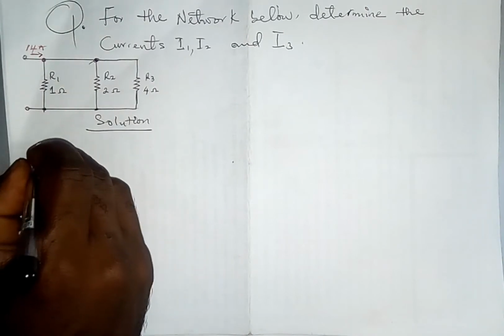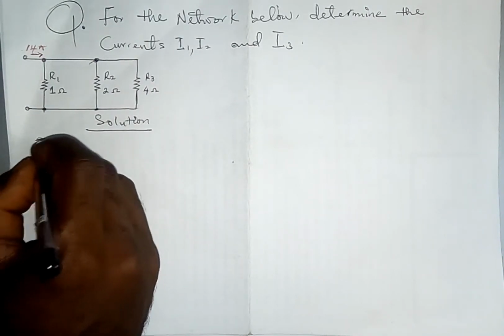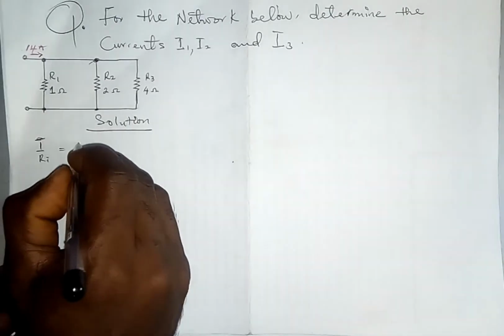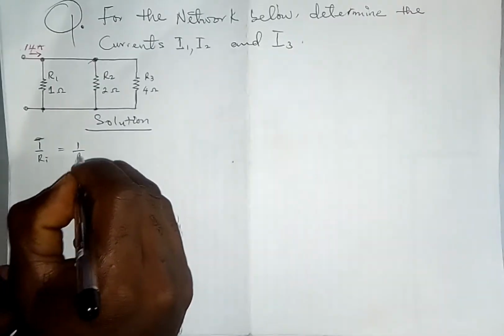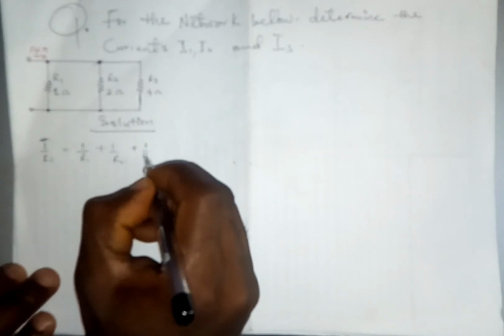So our total resistance, as we know, is 1 over RT. We have more than two resistors here, so we are going to apply 1 over R1 plus 1 over R2 plus 1 over R3. Our resistors are 1, 2, and 4.